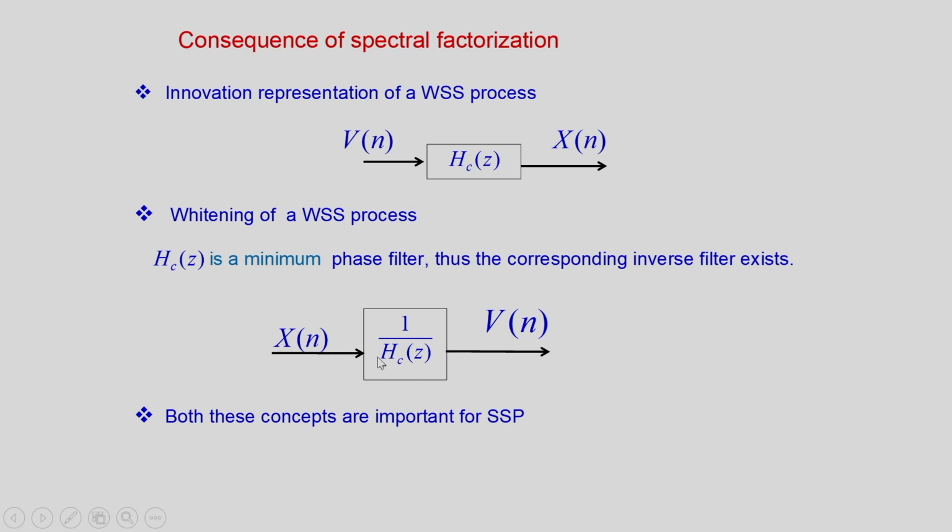If Xn is passed through a filter with transfer function 1 by Hc(z), we will get back Vn. This is the whitening filter, because Xn after passing through the filter becomes a white noise sequence. Both these concepts, innovation representation and whitening of a WSS process, are important in statistical signal processing.